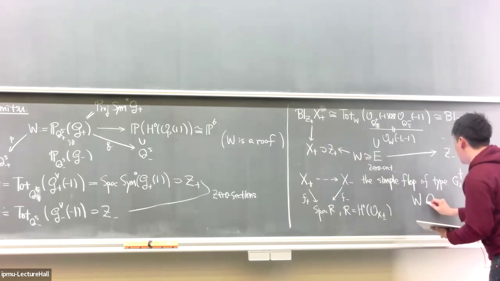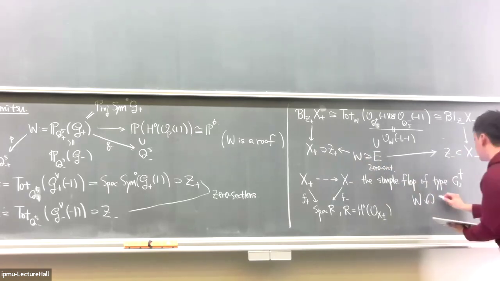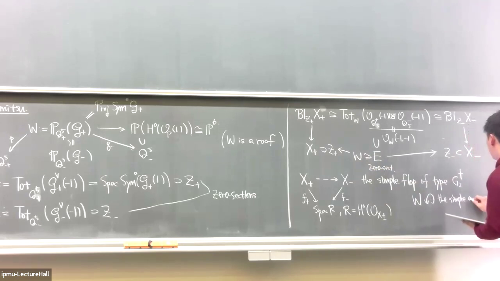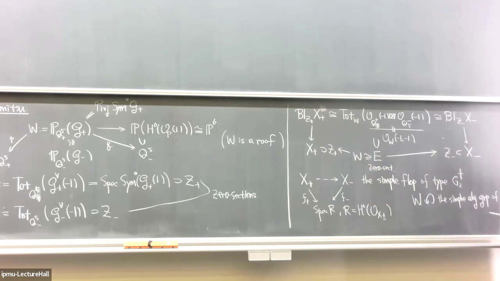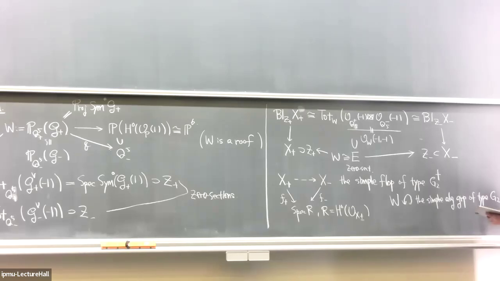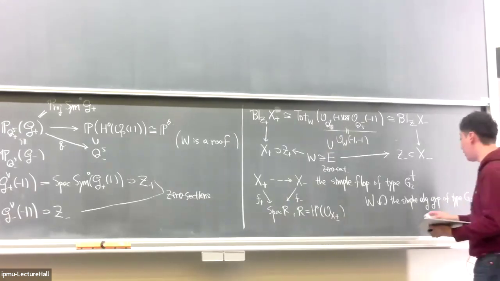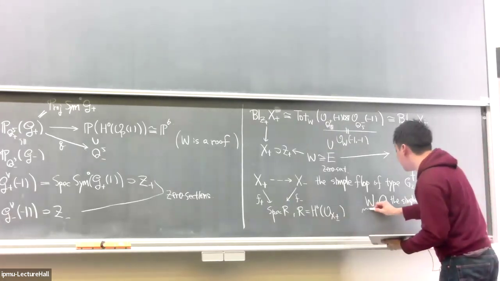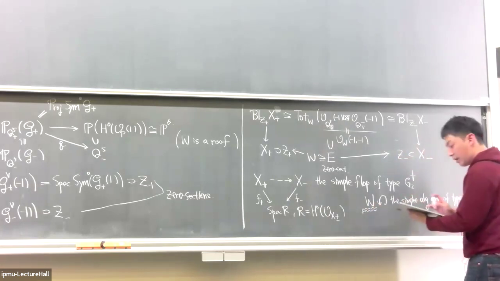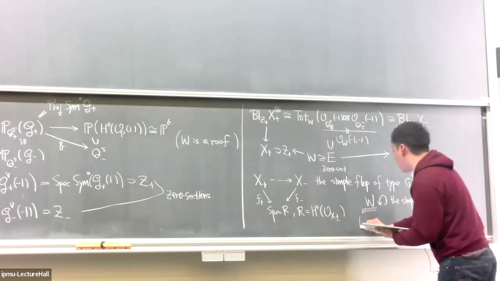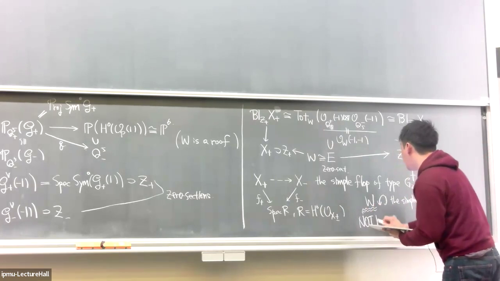For this W, there is an action of the simple algebraic group of Lie type G2. The thing is that this action is homogeneous.